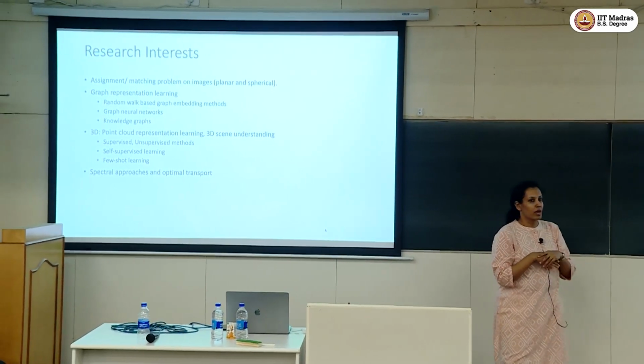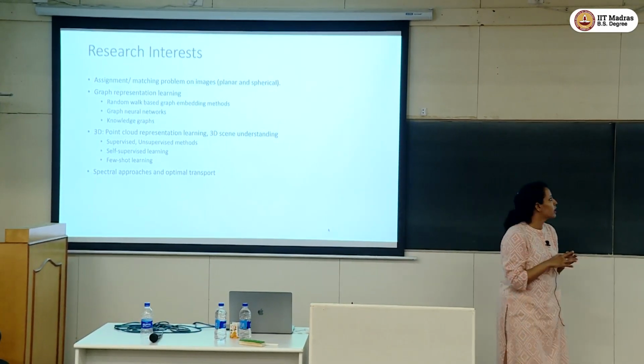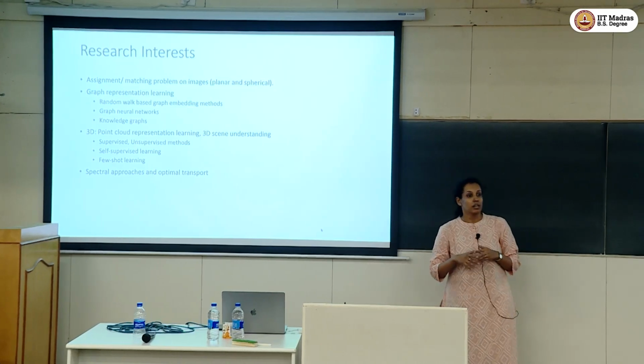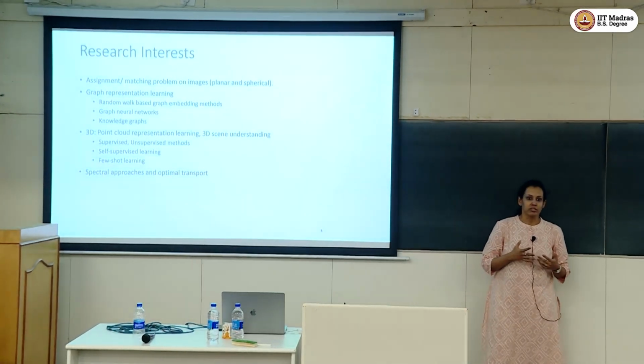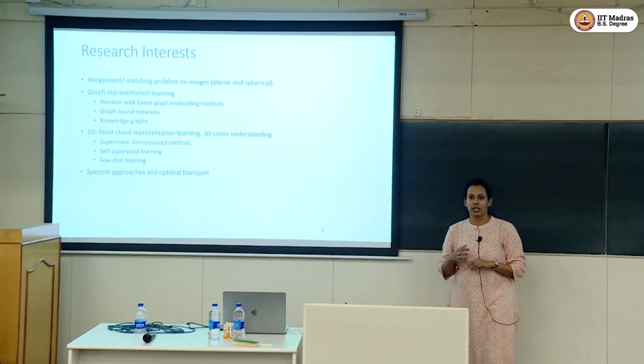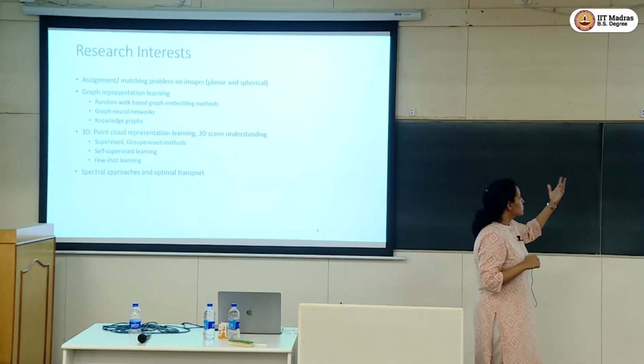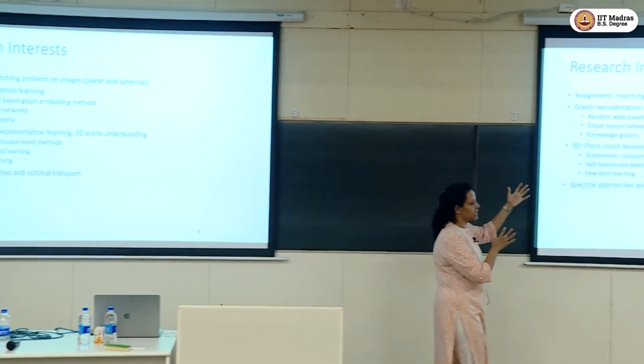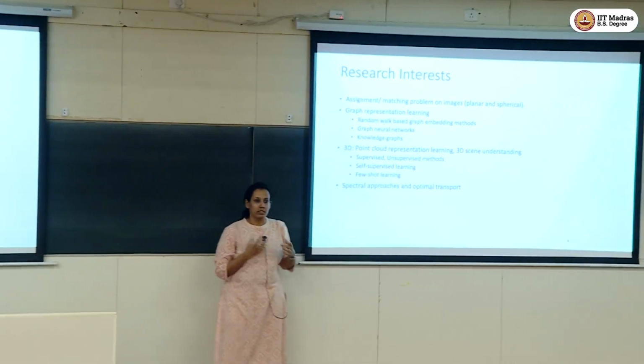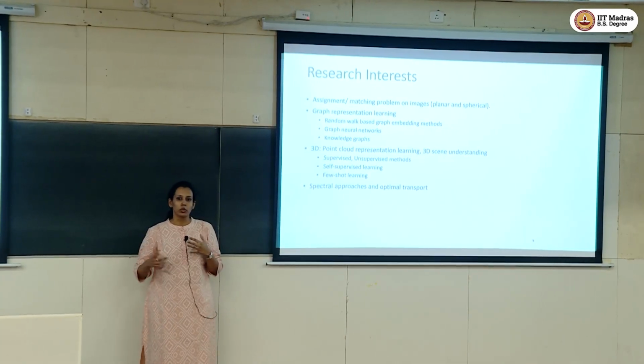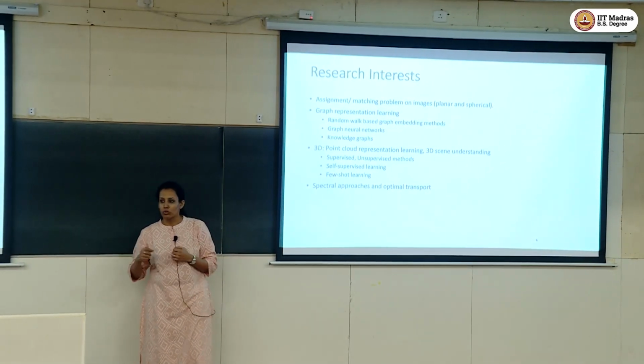Then one set of students work on graph representation learning, which is more of, you must have heard about graph neural networks, right? Graph convolution network, graph attention network, and so on. Before GNNs, random walk based methods came. If you have heard about node2vec, DeepWalk, and so on, right?